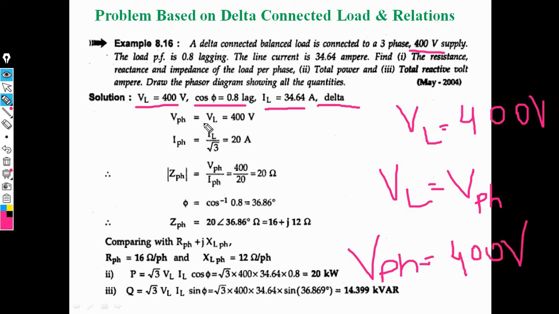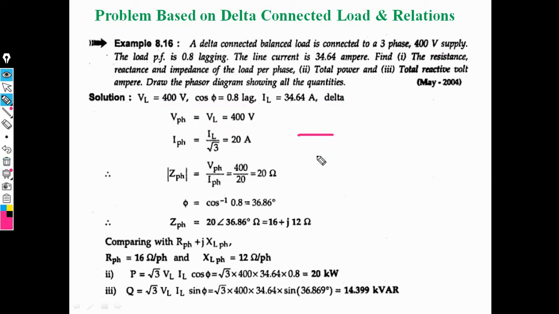But line current IL is equal to root 3 IPH.